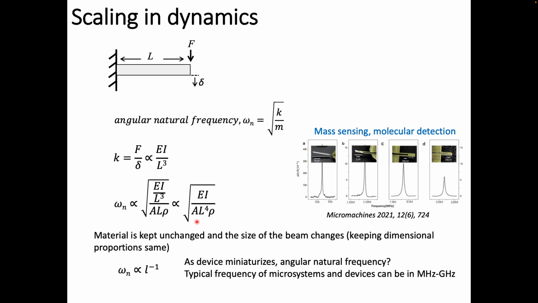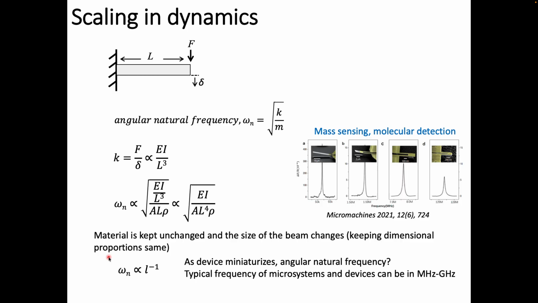If we bring that out, the natural frequency is proportional to the inverse of L. The size of the beam changes while keeping the dimensional proportions the same. So as we scale down, the natural frequency increases linearly.